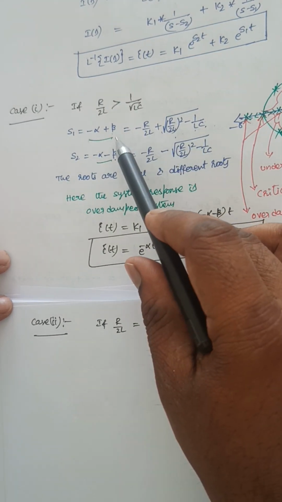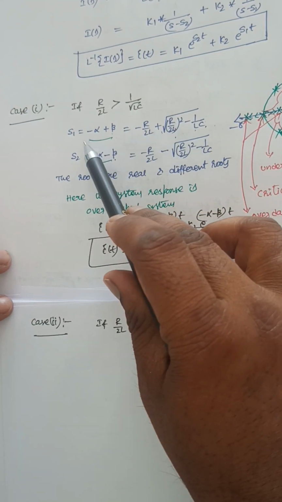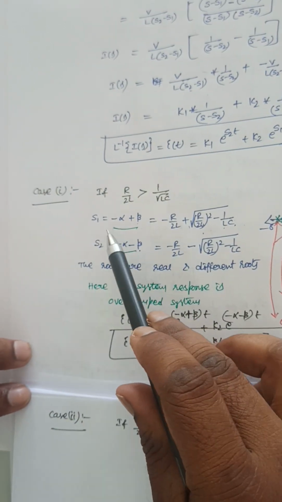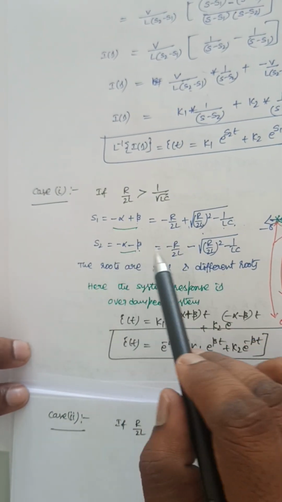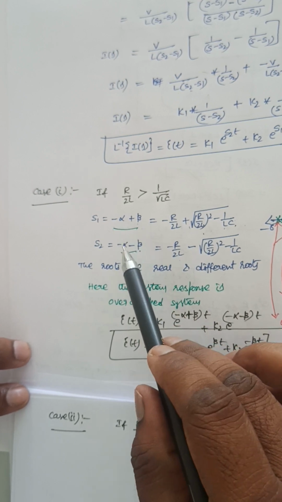That means beta is 0. So s1 is equal to minus r by 2l, and s2 is equal to minus r by 2l, that is equal to minus alpha.